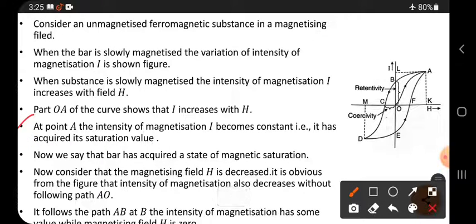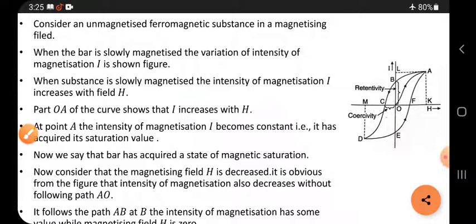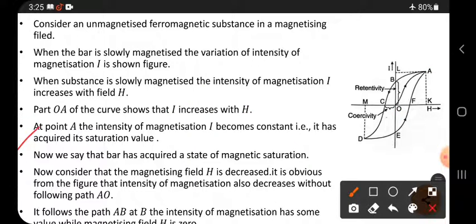The part OA of the curve shows that I increases with increasing H. At point A, the intensity of magnetization I becomes constant. That is, it has acquired its saturation value.